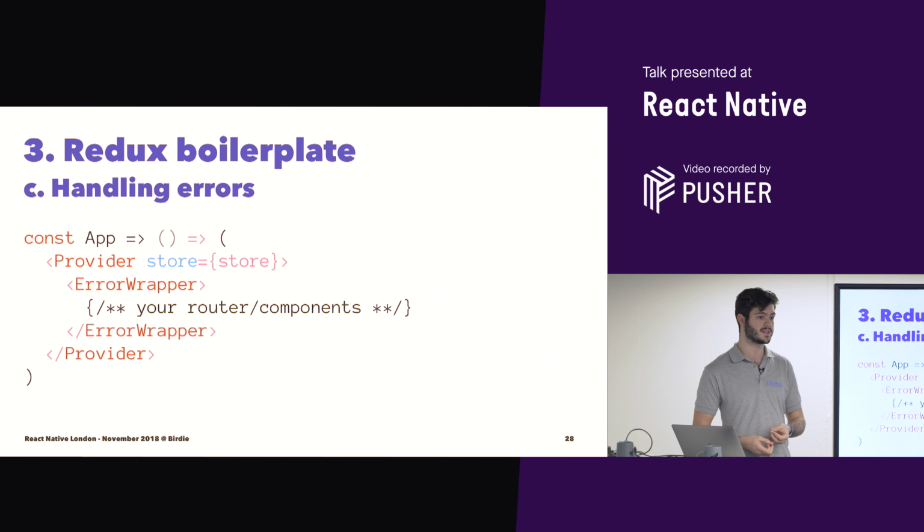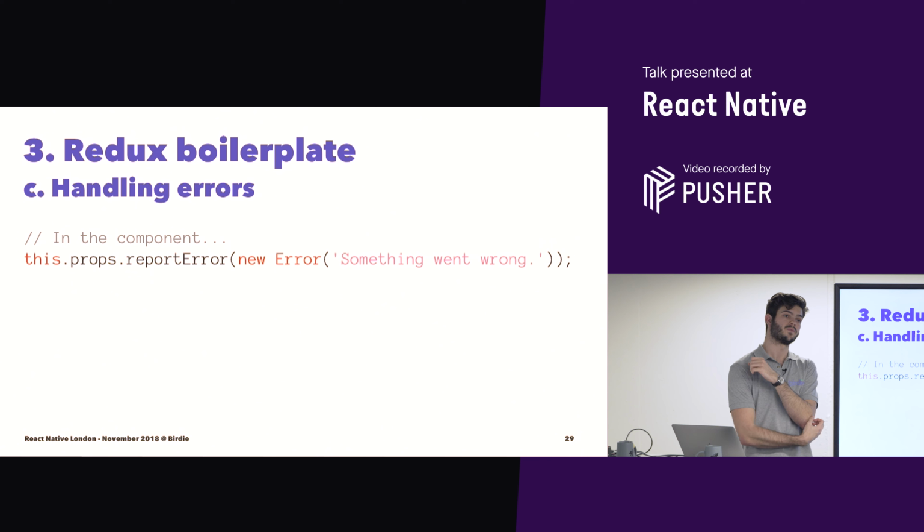component exported by Galette. You just put it at the very top of your component tree, for example, just between your store provider and your router. And then you can get an action dispatcher in the props of any component, and you can just use these props to report an error with a new error object. And that's pretty much it.